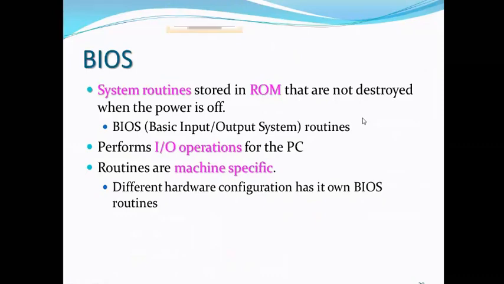When you are booting the computer, you can see the computer getting some information, right? All this information is coming from the ROM, read-only memory, which is known as a primary memory of a computer system. Sometimes you can say it is non-volatile memory, not like RAM, which is volatile memory. So look at these system routines stored in a ROM, and they are not destroyed when the power is off. And look at this BIOS, basic input output system.